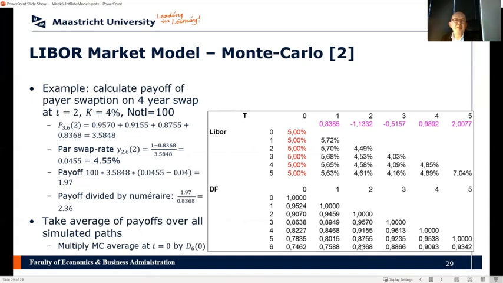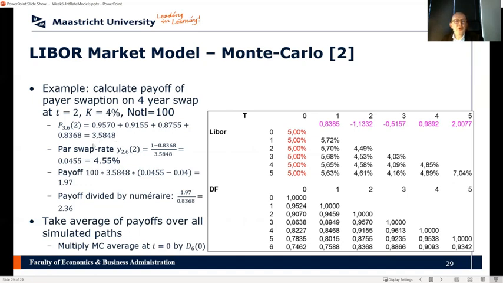So the PVBP that I'm using, or the sum of discount factors term capital P, is the P36, as I observe it at calendar time 2. And the P36 at calendar time 2 is the sum of 0.9570, 0.9155, 0.8755, 0.8368. And if I add these numbers together, I get the value 3.5848.